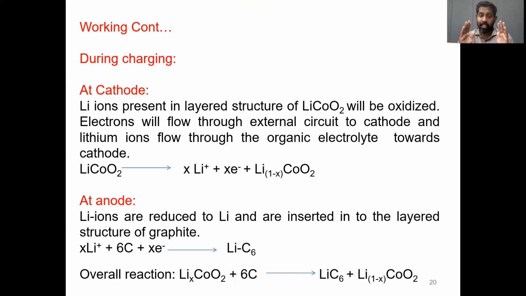The ions responsible for this are lithium ions, moving between the two electrodes during both discharging and charging. That's why I told you in the beginning that the movement of lithium ions is involved in lithium ion batteries.